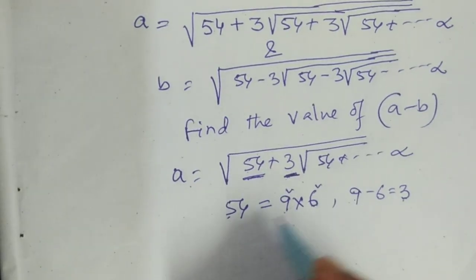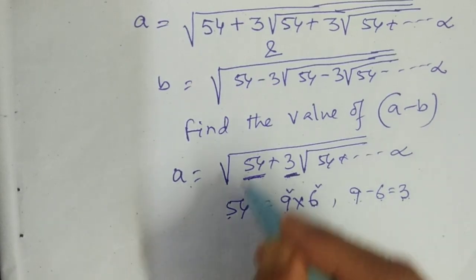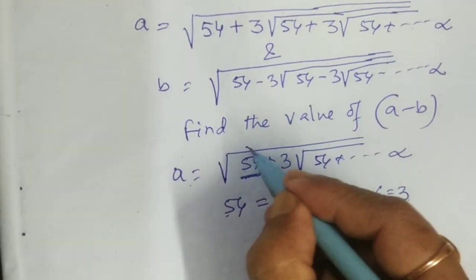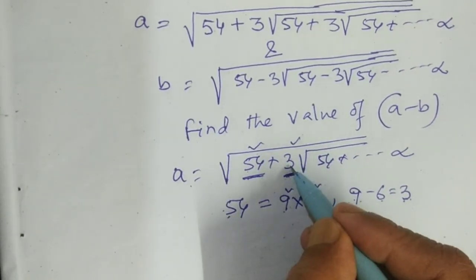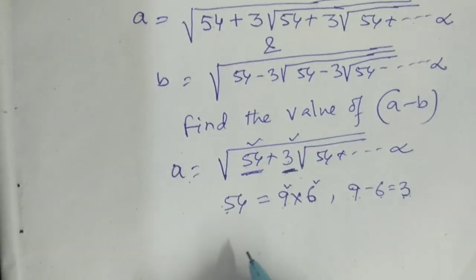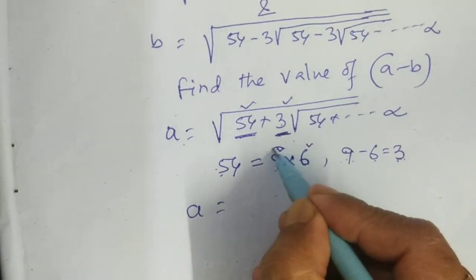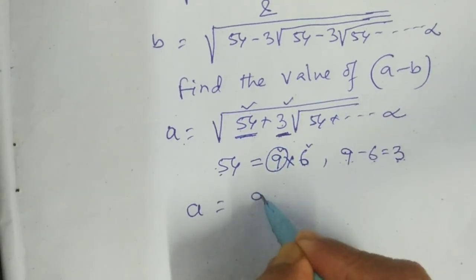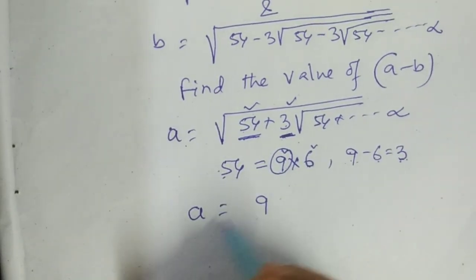So 54 is equal to 9 into 6 and 9 minus 6 is 3. So it is satisfying both the conditions because 54 is equal to 9 into 6 and the difference is 3. So the value of a is equal to the bigger one, 9.